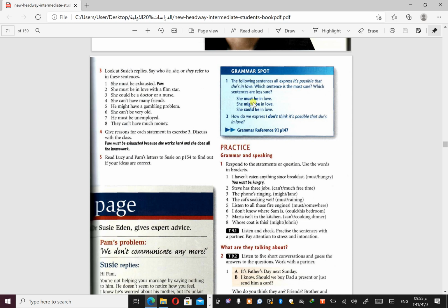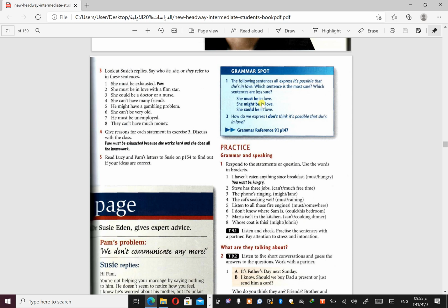So here for example we basically use must be. I will say must, and here must with the nominal sentence, وهي الجملة الاسمية. Most of the time we use it with a nominal sentence, with is and are as connectors, most of the time, but not all the time.